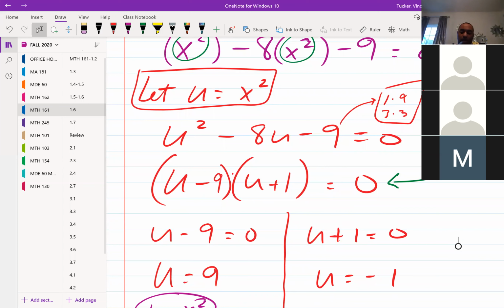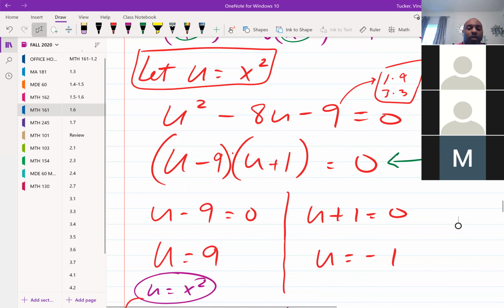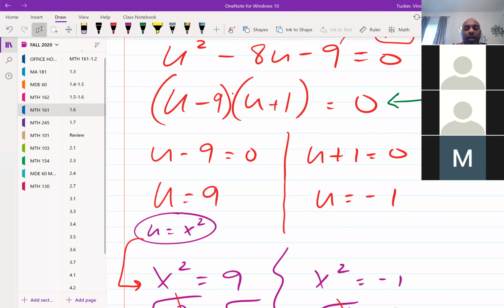All right, so we're not done because we didn't start off with u. u was x squared. So we'll put the square back in. That'll be x squared equal to 9, x squared equal to negative 1.